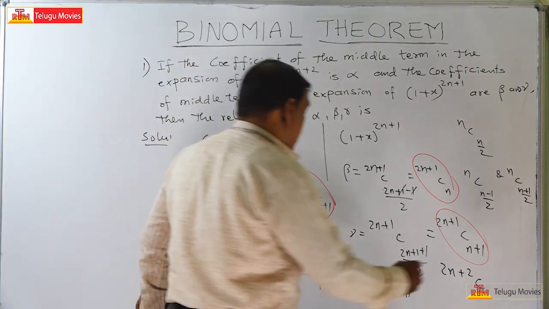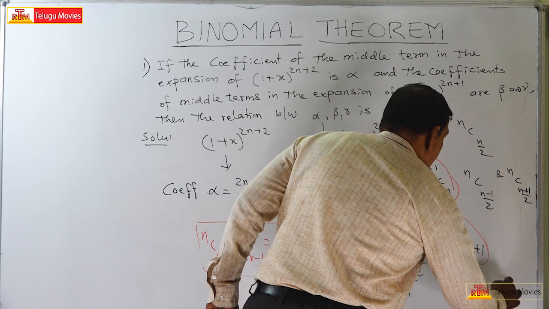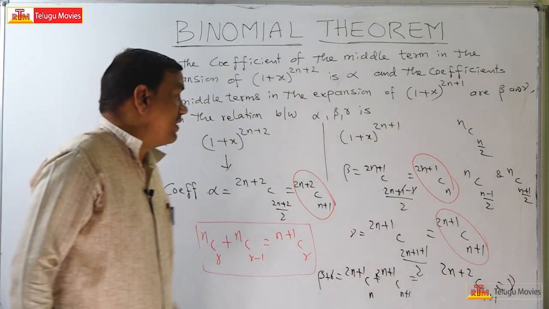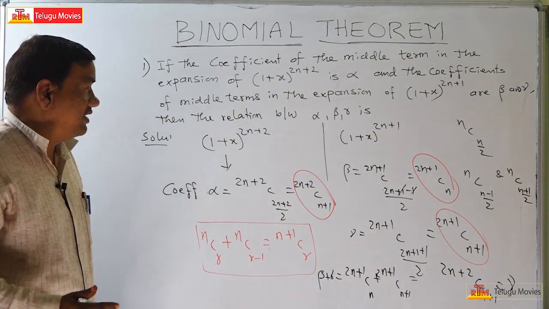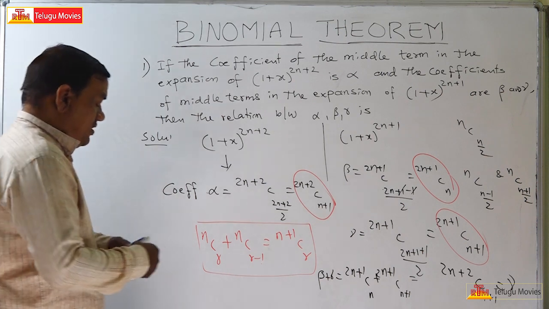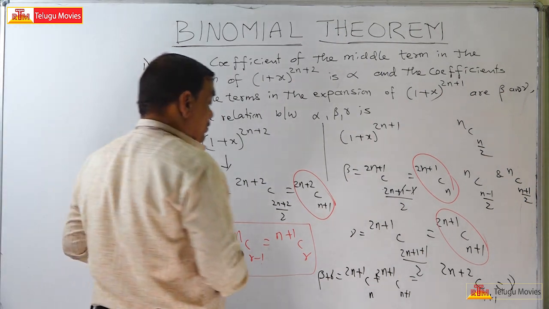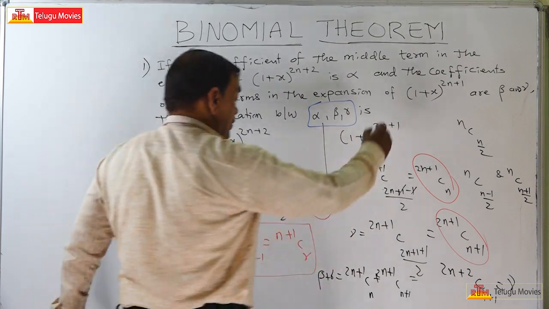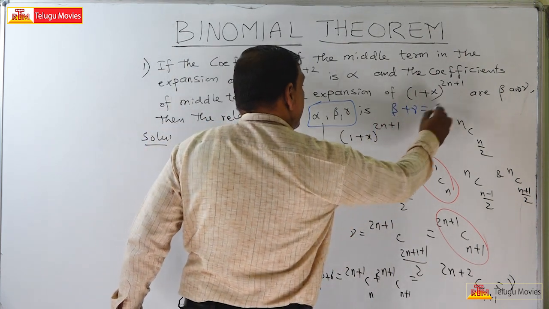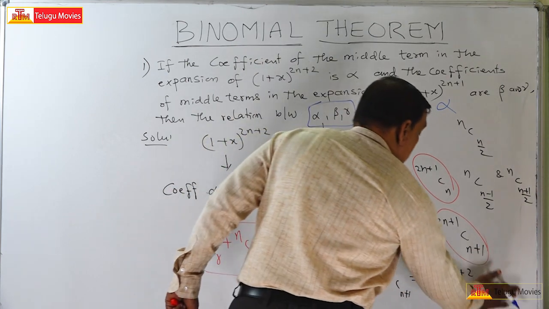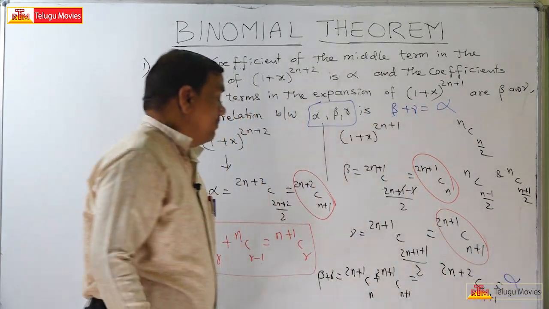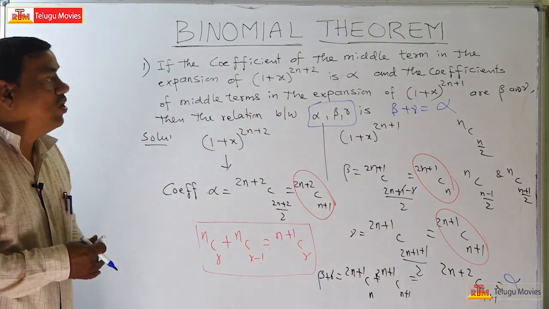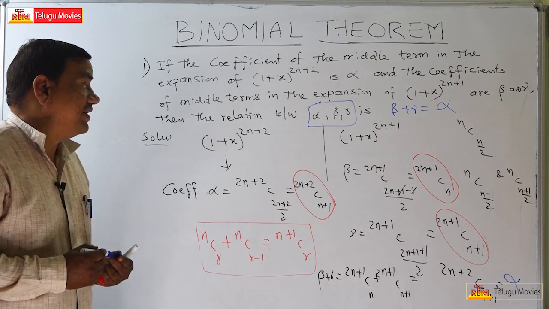That is (2n+2)C(n+1), which is nothing but alpha. So beta plus gamma is equal to alpha. That is the relation between alpha, beta, gamma.